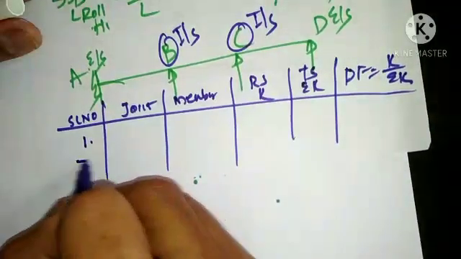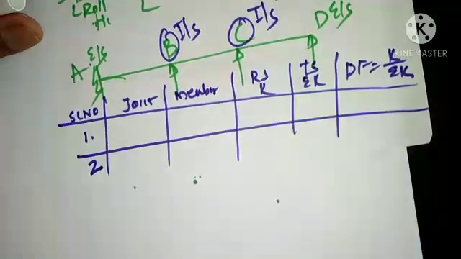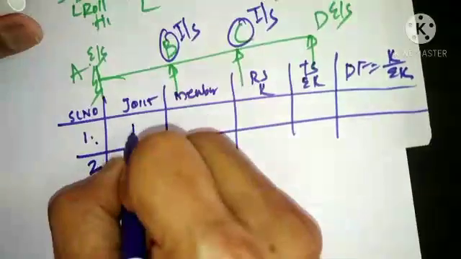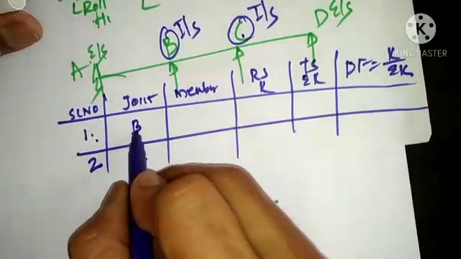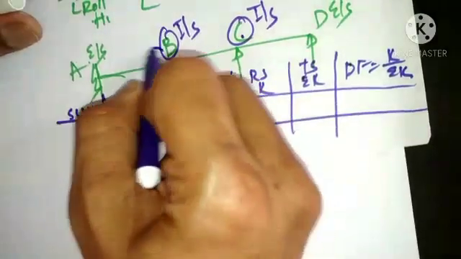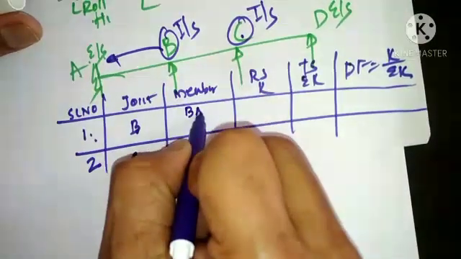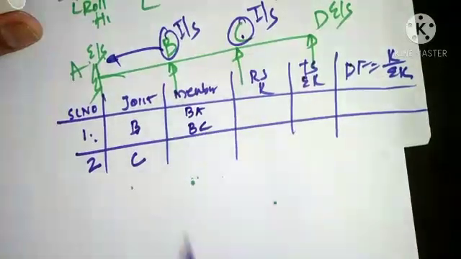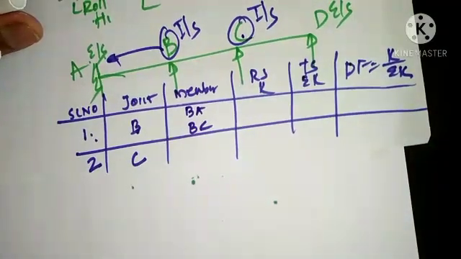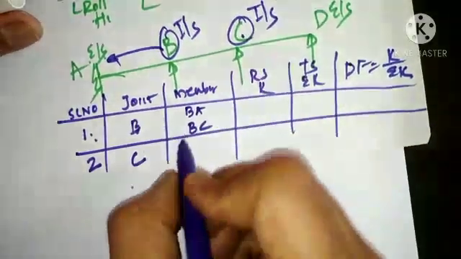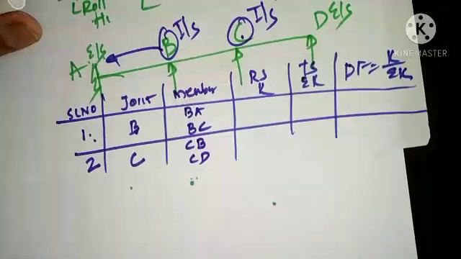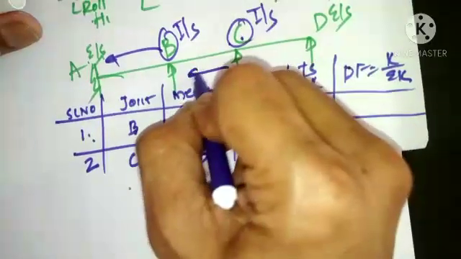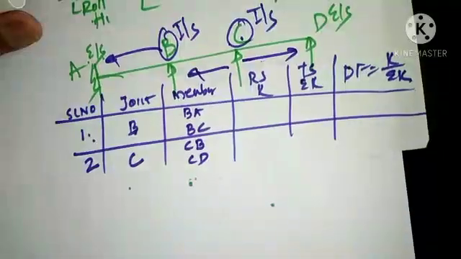There are 2 intermediate supports, so we note down 2 serial numbers: first B, second C. At B, the members connected are BA on the left and BC on the right. At C, the members are CB on the left and CD on the right.